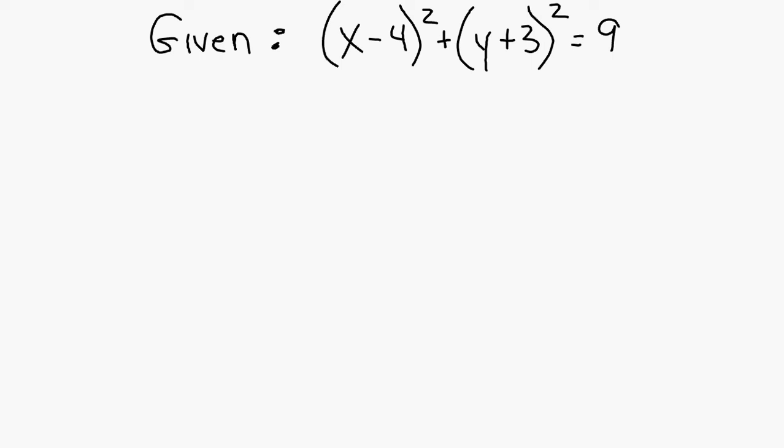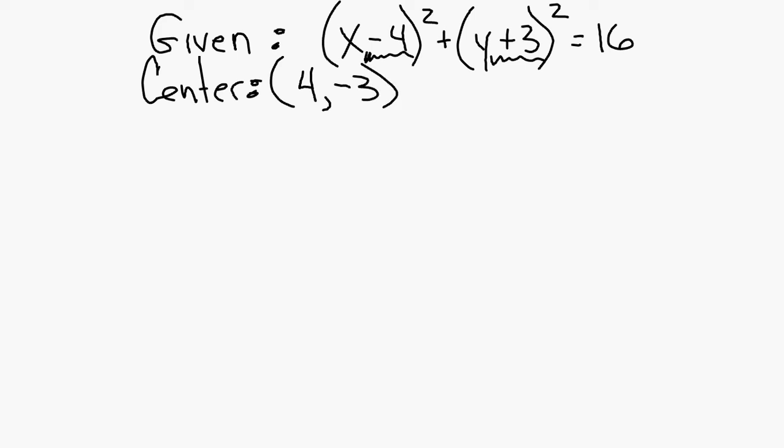So if you're given this equation, the center would be at the opposite of what's with the x, so the center would be at positive 4, and the opposite of what's with the y, which would be negative 3. The radius of the circle, in this case, would be equal to the square root of 16, which is 4. And then you would plot this.